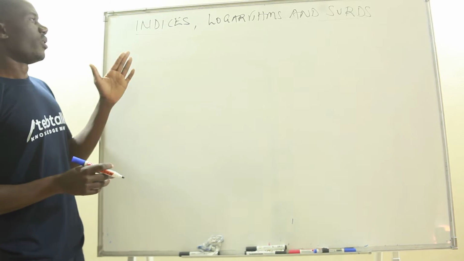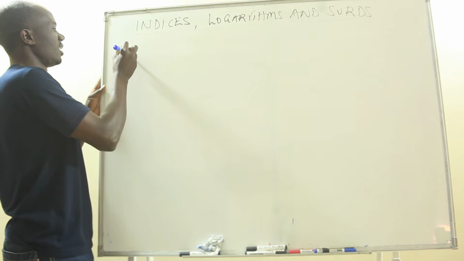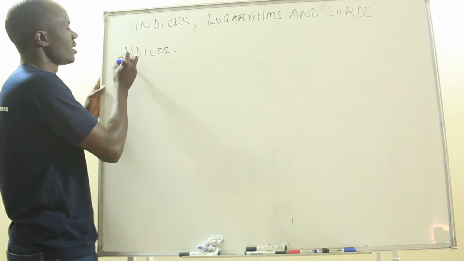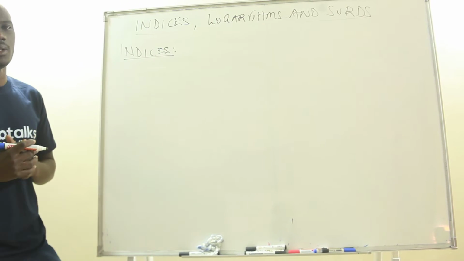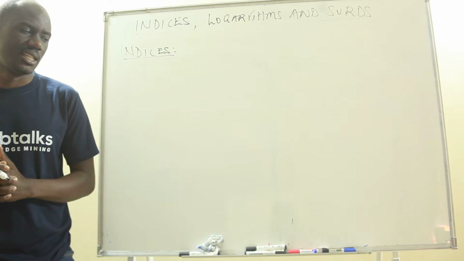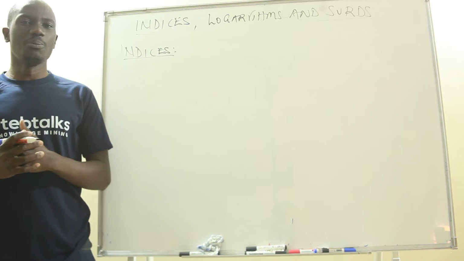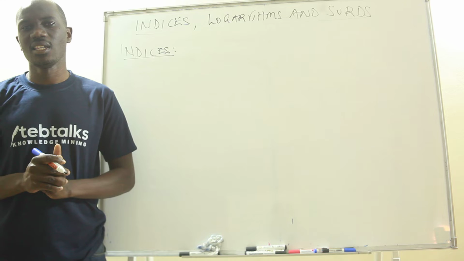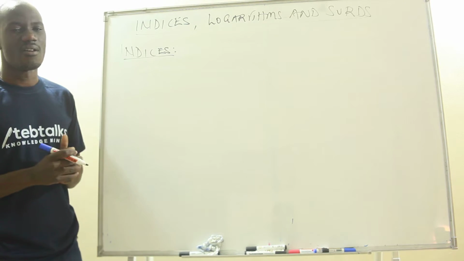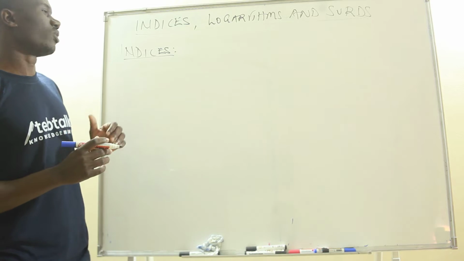So we are going to start with indices. What do we call indices? How do you tell somebody that these are indices? In simple terms, an index is a number raised to any power. That's what we call an index.